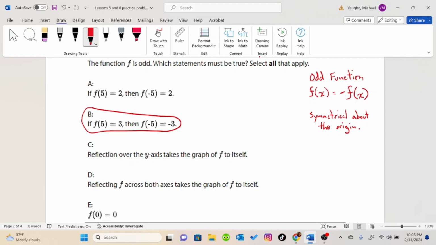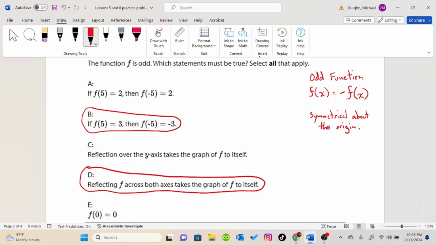If I take a graph and I reflect it over the y-axis and then over the x-axis, I will get the same graph back. It's symmetrical about the origin. So D is a correct way of explaining this.